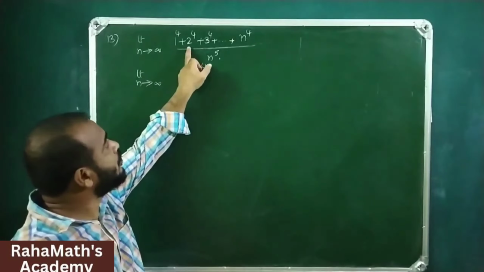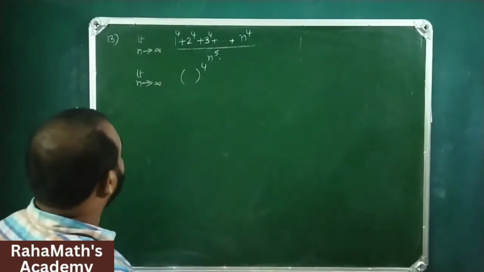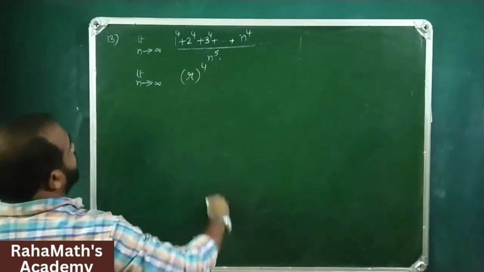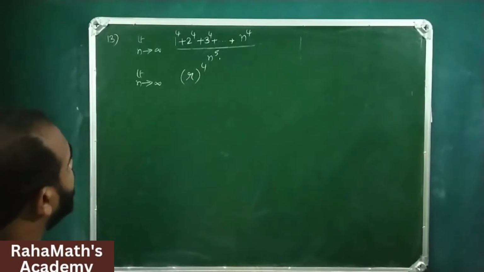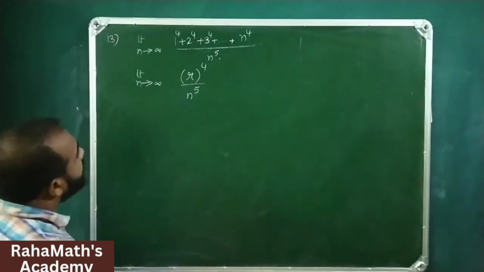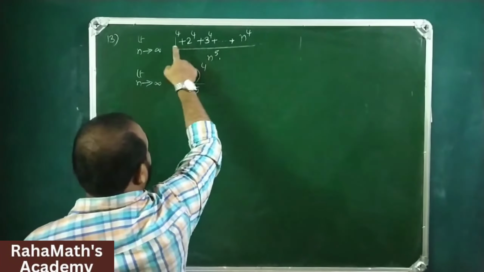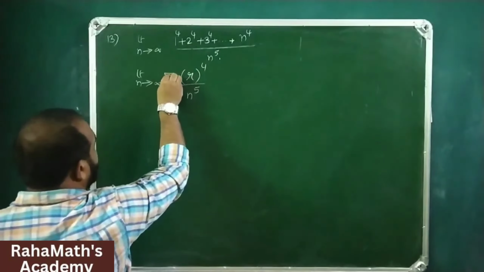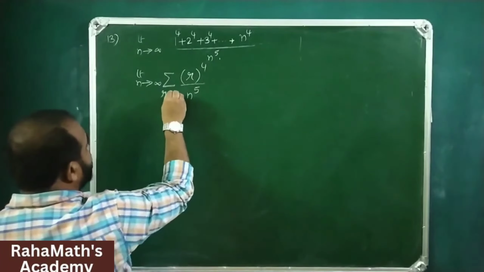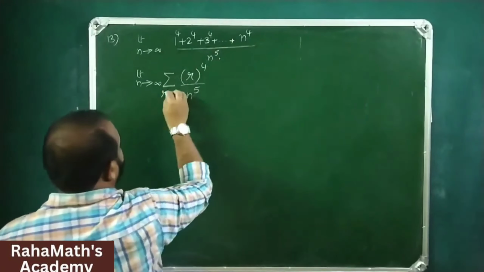So 1, 2, 3, etc. can be replaced with r. This can be replaced with r by n power 5, and these are the plus symbols. Therefore, we can write it as a sigma notation, r runs from 1 to n.